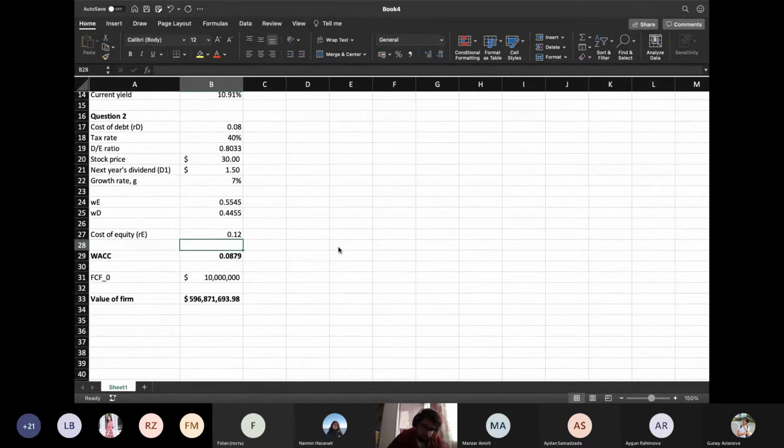And from there, we can easily take R and solve the equation with respect to R. It means D1 over P0 plus G. You see that? So we have R is equal to D1 1.5, P0 $30 plus growth rate 0.07. Is it clear, Muhammad?